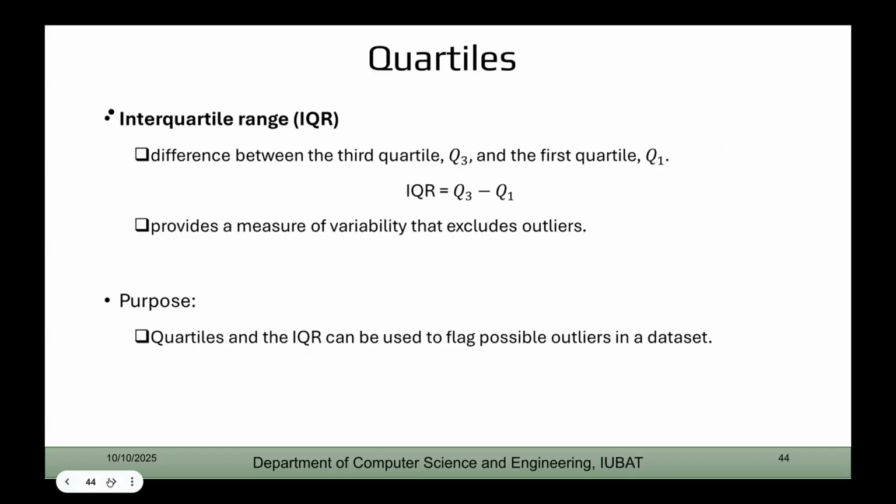So we understand the quartile values, right? Now the next topic is the interquartile range, or IQR. The difference between the third quartile Q3 and the first quartile Q1 is the IQR, interquartile range.